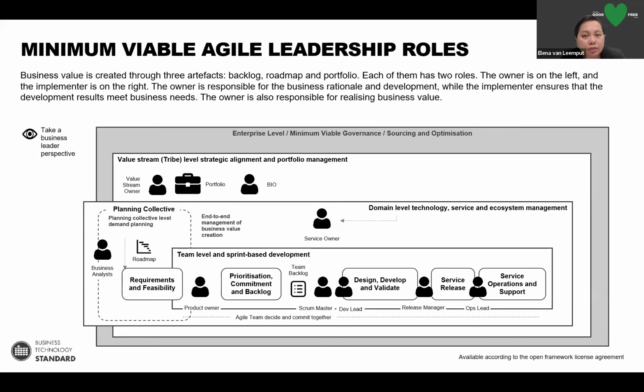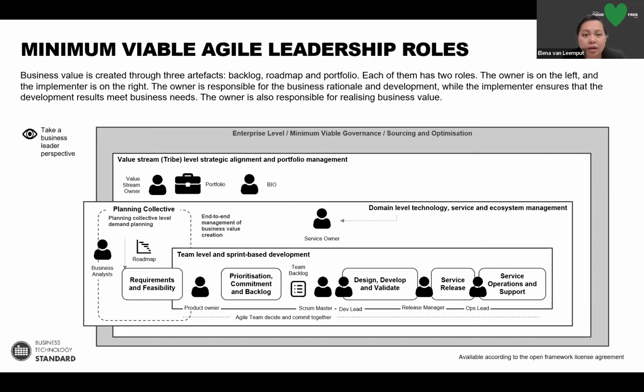So BTS focuses on business value creation and value delivery, essentially. And to do that, we emphasize the roles and what the roles do in the end-to-end flow. So we look closely at their relationship to each other and to certain artifacts.